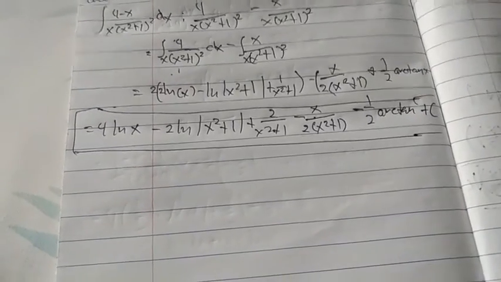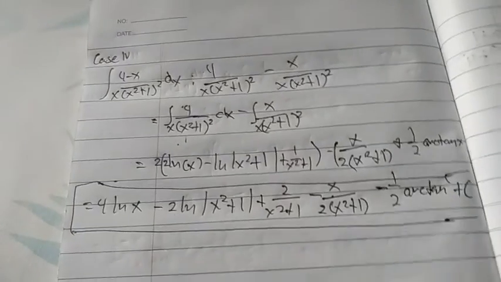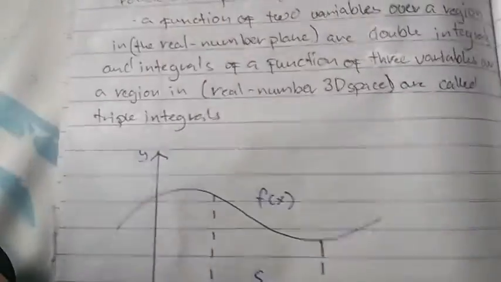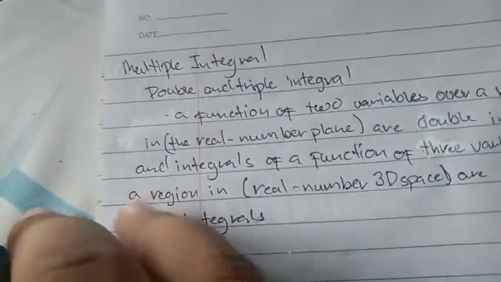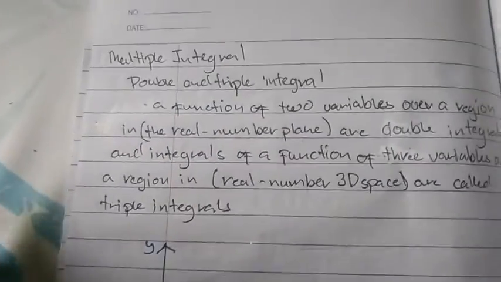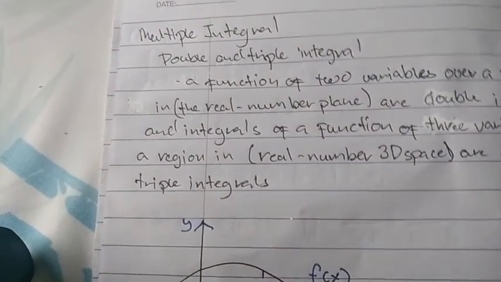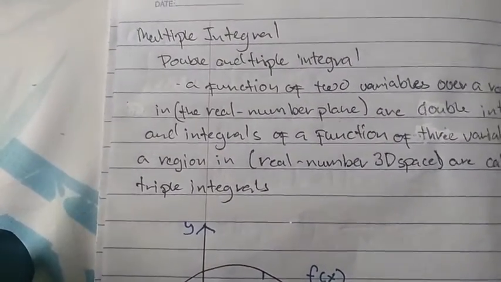Adapting some methods I see on the internet. So today we're going to tackle multiple integrals. Under the multiple integrals, there will be double and triple integrals. So what is a double integral and a triple integral?